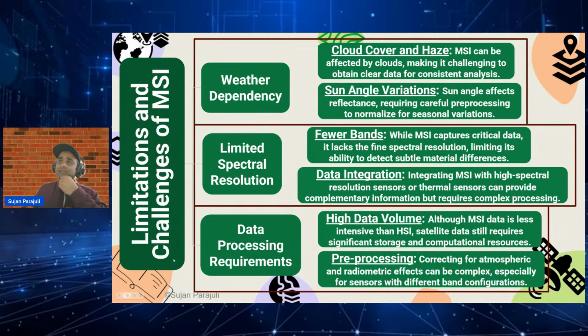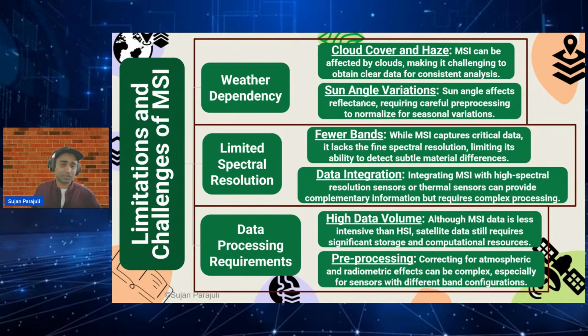And what are the challenges or limitations of multispectral imagery? One is weather dependency. Cloud cover is one of the topmost limitations of multispectral, because it can be affected by cloud, making it difficult to obtain clear data for that field.